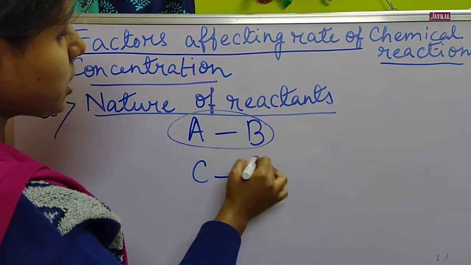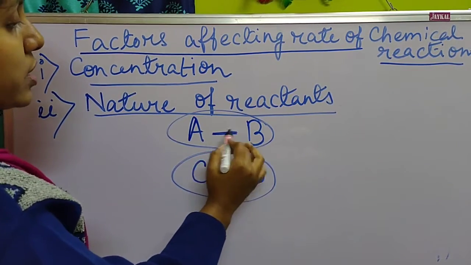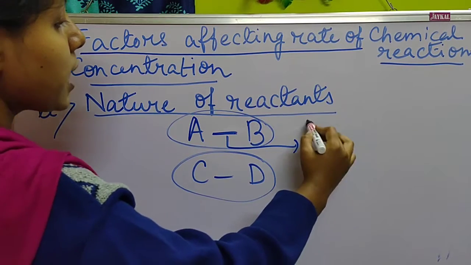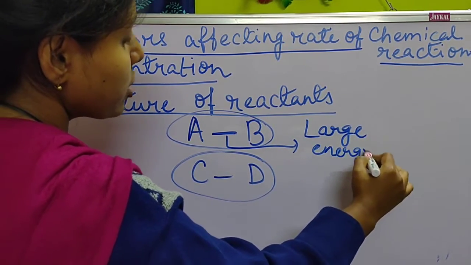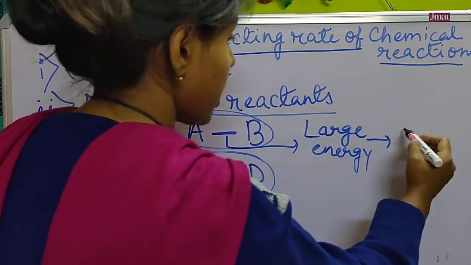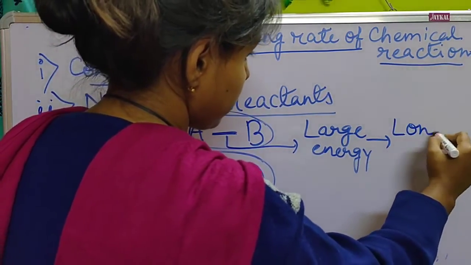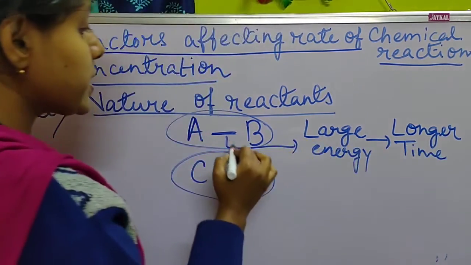Suppose this is a reactant, this is also another reactant. Now if the bond is very strong, it requires a large amount of energy. Not only energy, it will require a longer time if the bond is strong.